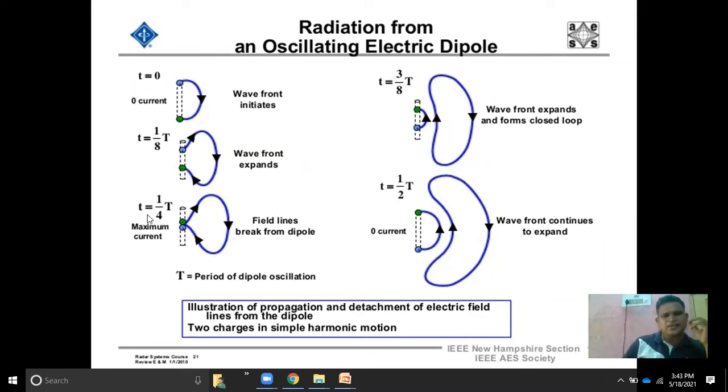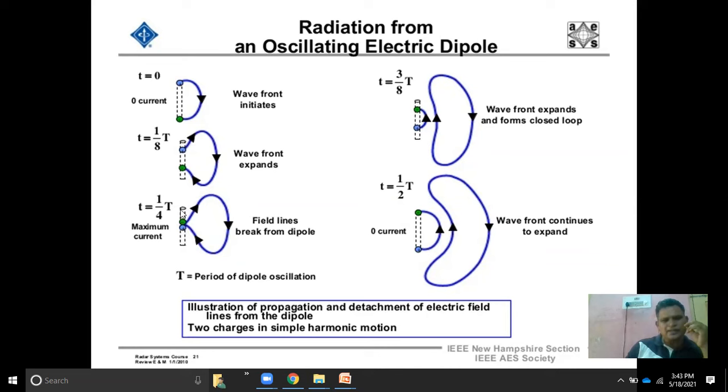Similarly, at t is equal to 1 by 4 times of T, it will travel a quarter of the wavelength. Quarter of the wavelength means it will come to the middle of this wire. At the middle of this wire, let us clearly observe that these two charges will cross each other.